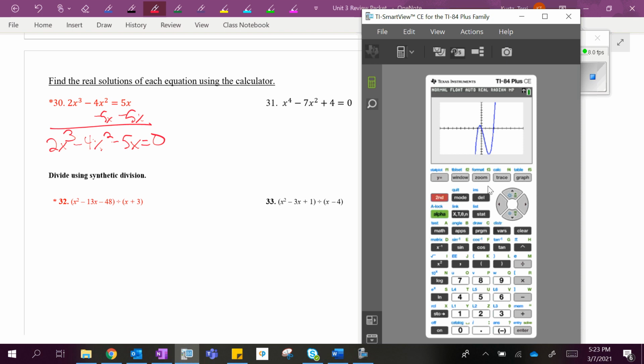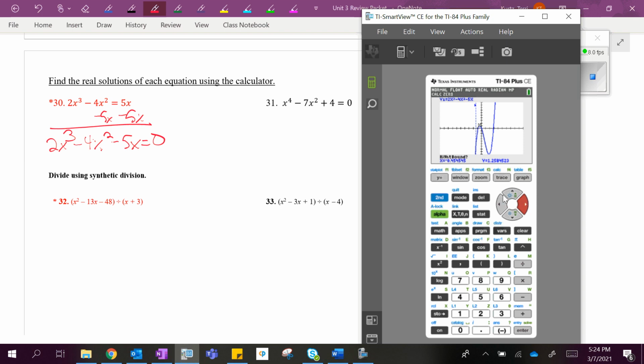So I'm going to hit second, trace. I'm looking for the zeros, so I'm going to hit 2. And now it tells me left bound. So only using left and right arrows, I'm going to get it to the left of this first root, which is below it. I hit enter, tells me right bound. I want to get it to the right of that first root, which is just above it.